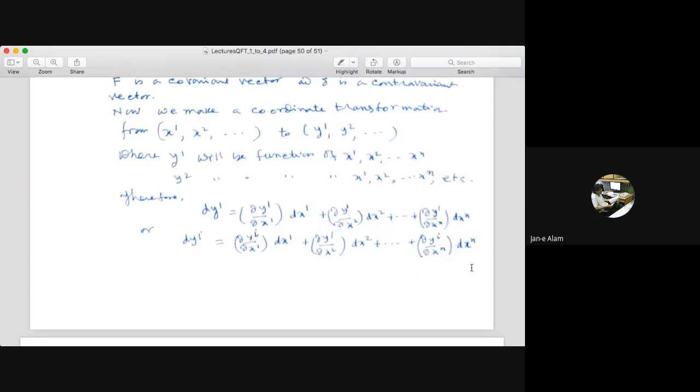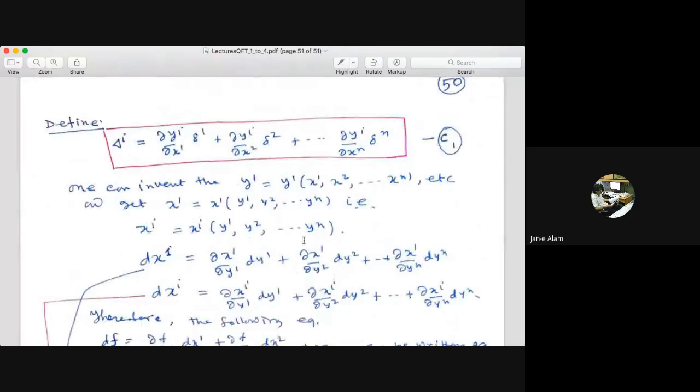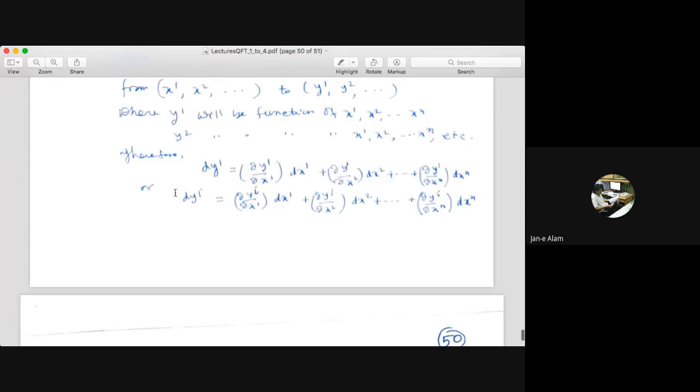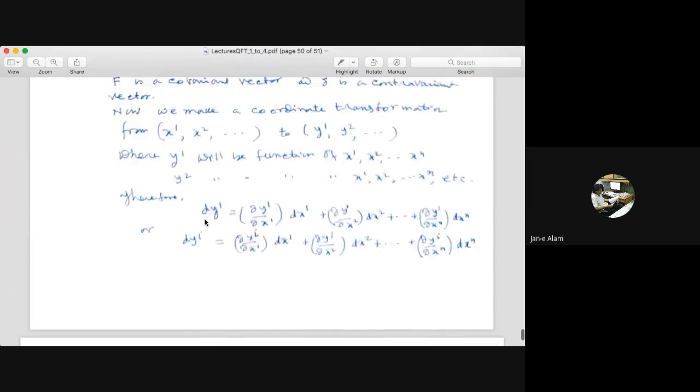I would suggest you go through it, and if you have a problem, then let me know. And for any i, this will be the differential form, which is very important, but it's not a very big deal. You can check. Now you see this dyi is ∂yi/∂xj dxj, where this dxj I have already defined.